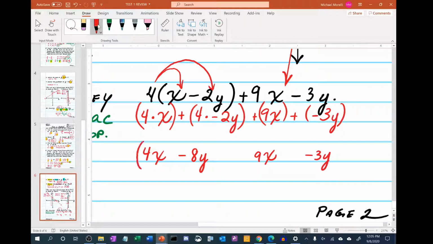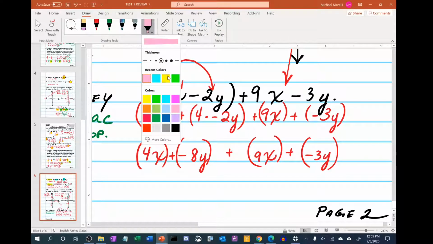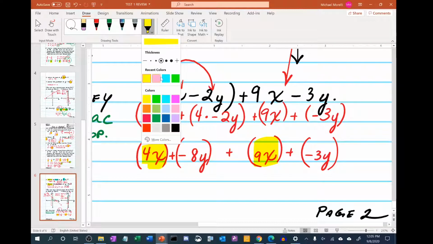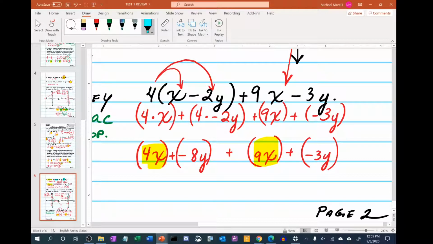We can still keep these all separated like this with plus signs. You want to think of it that way. Now we're going to combine like terms. I can combine 4x and 9x, and I can combine negative 8y and negative 3y.